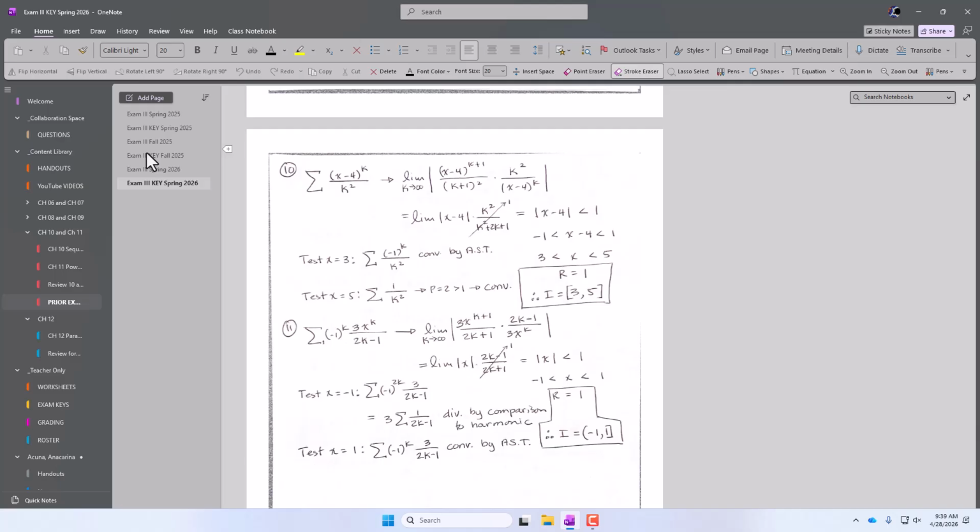That is not true. The absolute value of this entire expression, you can push it inside the k, but you can't then distribute the absolute value symbol. This has to stay wrapped around the x minus 4. If you did this, you got the wrong ratio, the wrong radius of convergence, the wrong interval of convergence. Everything went sideways.